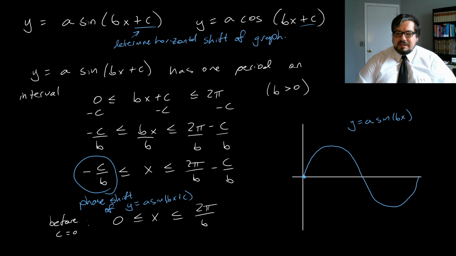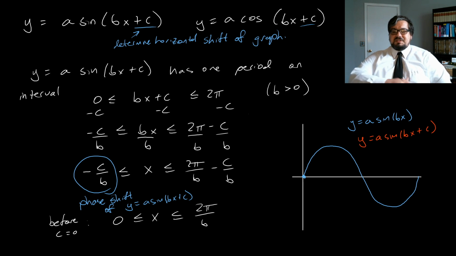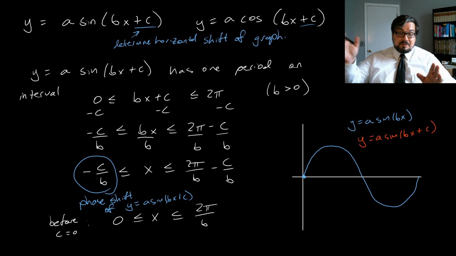But now, if I take y equals a sine bx plus c, this same single period that was going from 0 to whatever the period of the graph was, is now going to shift, and it's going to shift to start at negative c over b.